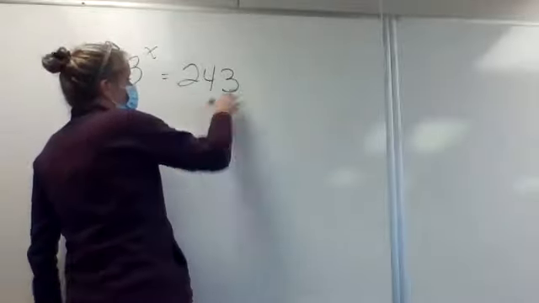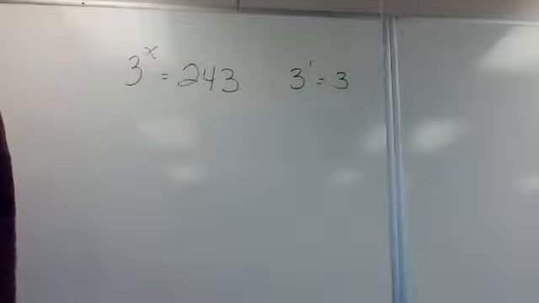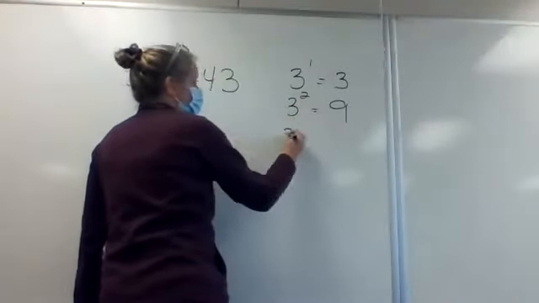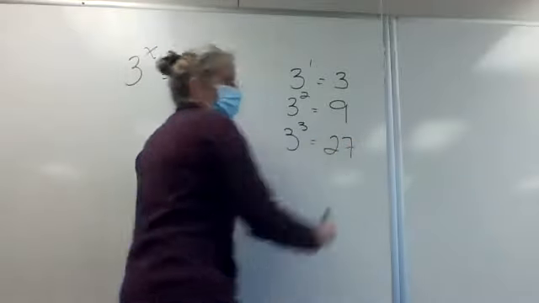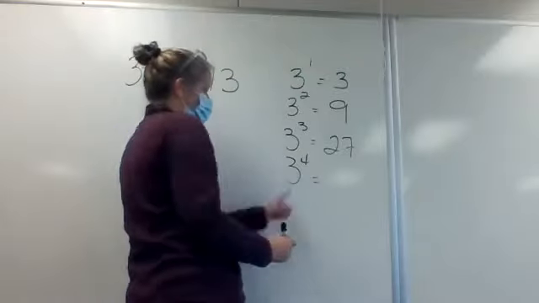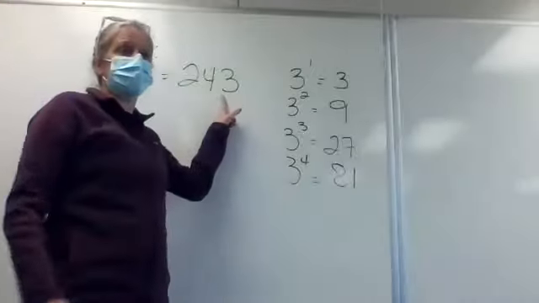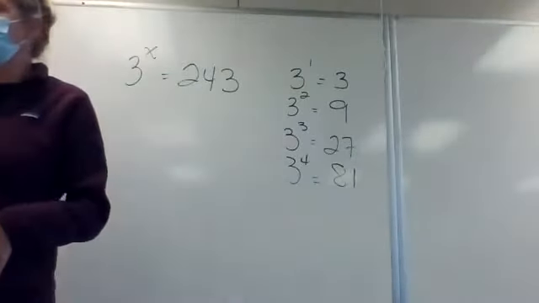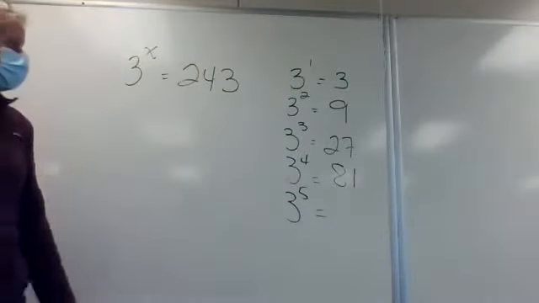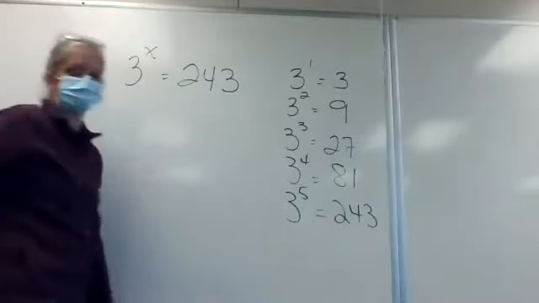So let's see if we can rewrite 243 as a base of 3. 3 to the first power is 3, 3 squared is 9, 3 to the third power is 27, 3 to the fourth is 27 times 3, which is 81. I'm either going to get 243 or pass it at some point. So 3 to the fifth power: 81 times 3 does give me 243.